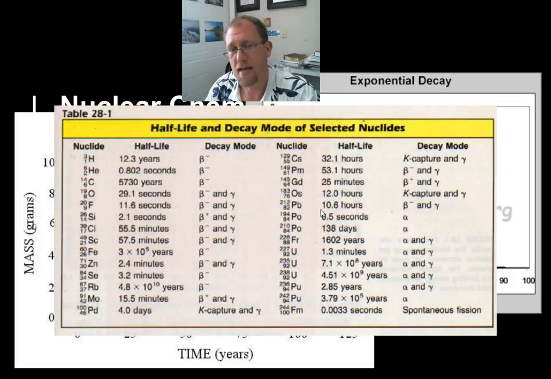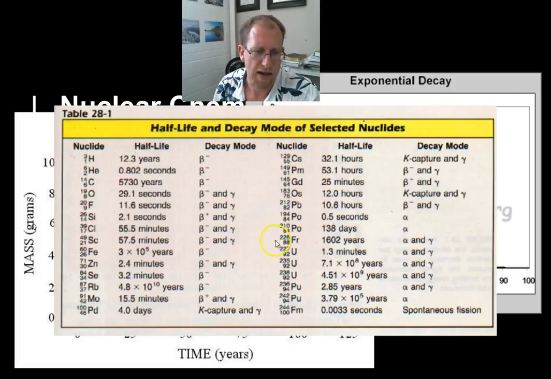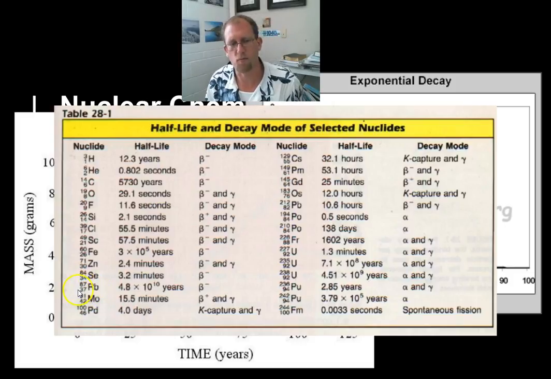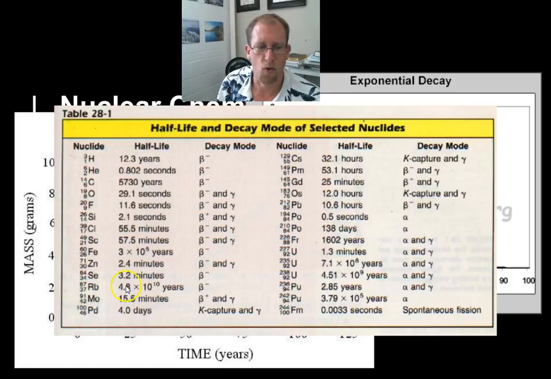Half-lives of different elements range in time massively. There are some things that have half-lives of 4.9 times 10 to the 10th years. Radioactive rubidium-87 takes 4.8 and then 9 more zeros in years to turn half of it into something else. Other things are very, very short, like 0.0033 seconds.